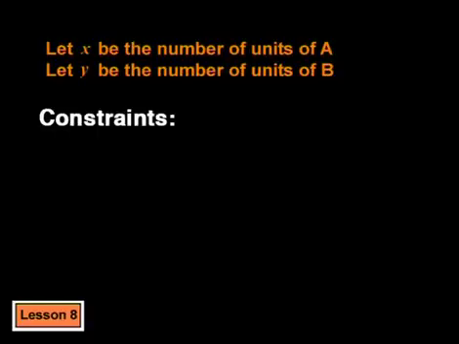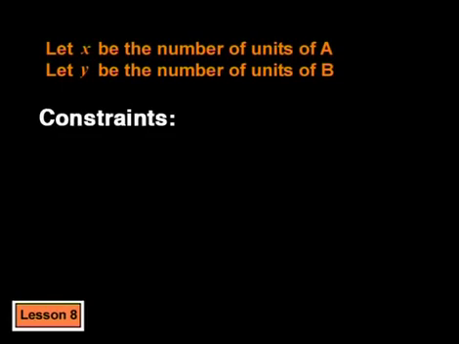In this lesson, we are not going to use a context for the problems. We're going to focus on the mathematics of the problems. So, instead of working out what the constraints for the problem are, I will give you the constraints as linear inequalities in algebraic form. Let me show them to you. First, I've stated what the variables are.